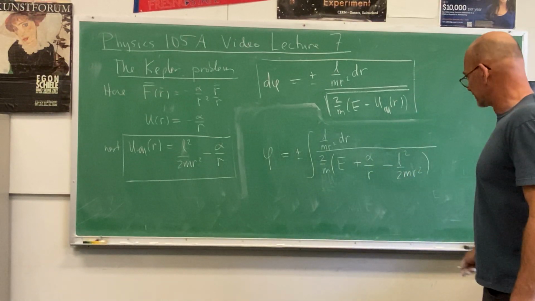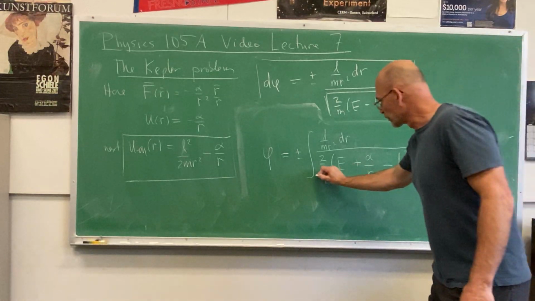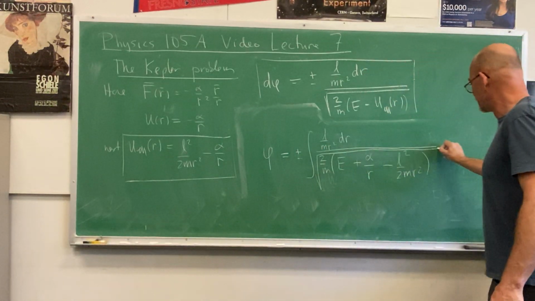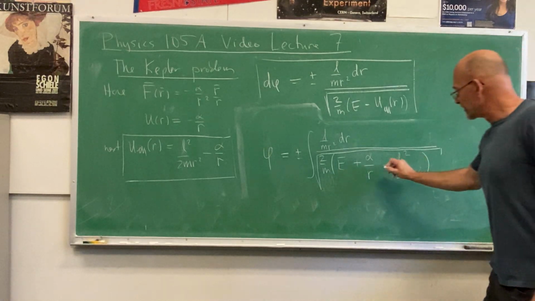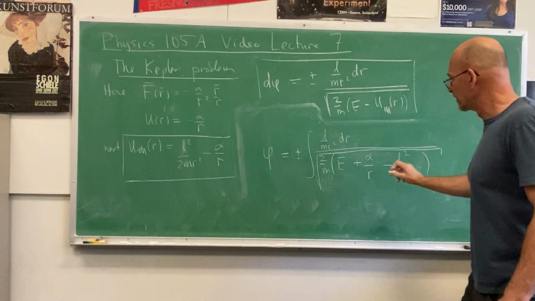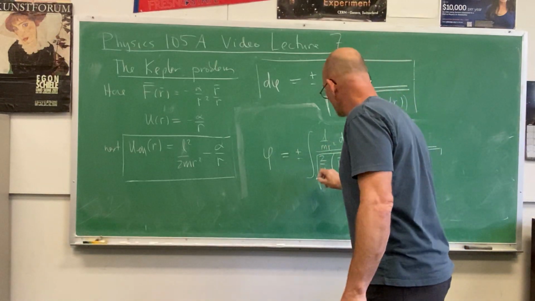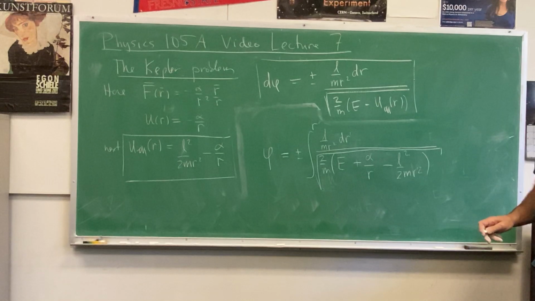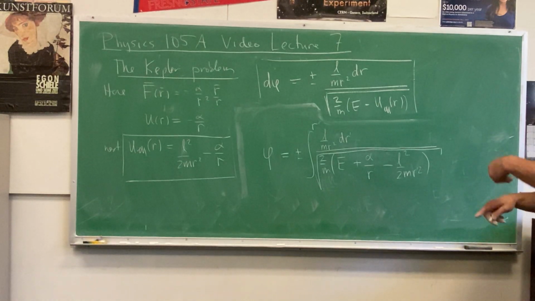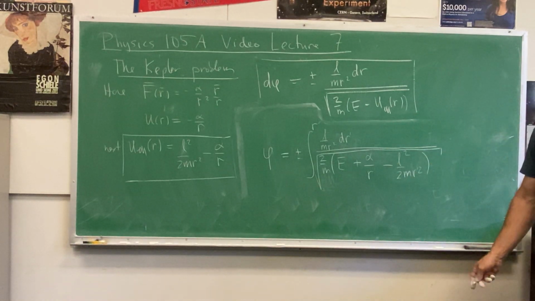Close parentheses. Square root. Yeah, that integral looks like a bear. We could put the R primes here and just go here from R. And what we're trying to find is phi of R, and we want to invert it and get R of phi.